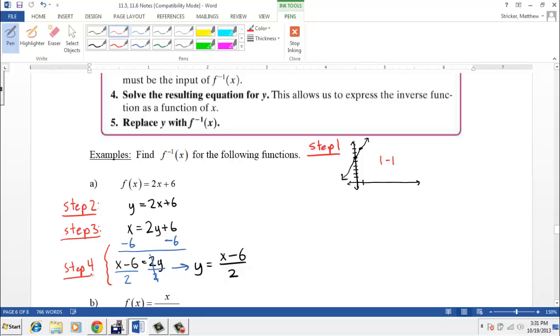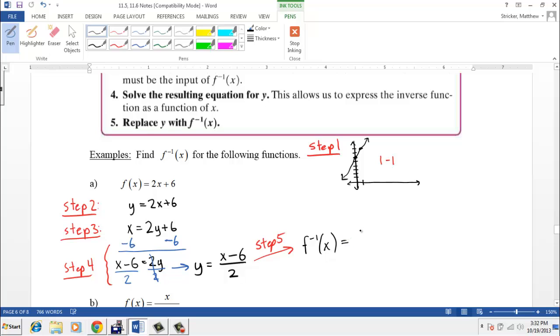Now remember, when we're talking about functions or inverse functions, we don't use y. This is our inverse function, so in step 5 we need to call it an inverse function. Instead of y equals, we're going to say this is our f inverse. There's our notation for f inverse.